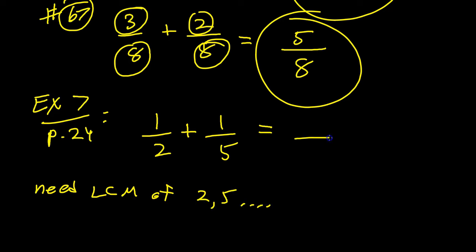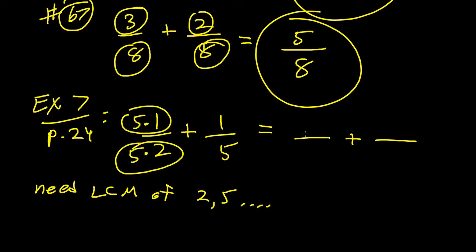Well, what I want to do is express both these fractions equivalently with the LCM of 2 and 5 as my common denominator. Well, the LCM, the least common multiple of 2 and 5 is 10, is it not? So if I multiply numerator and denominator by 5, I'll get 5 over 10, right? 1/2 is 5/10 with 10 as a denominator.